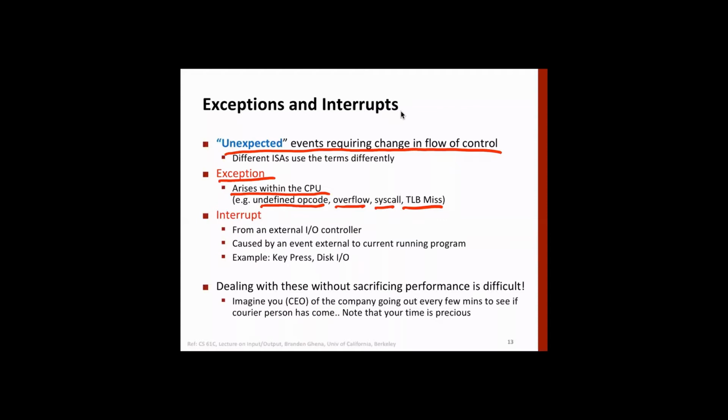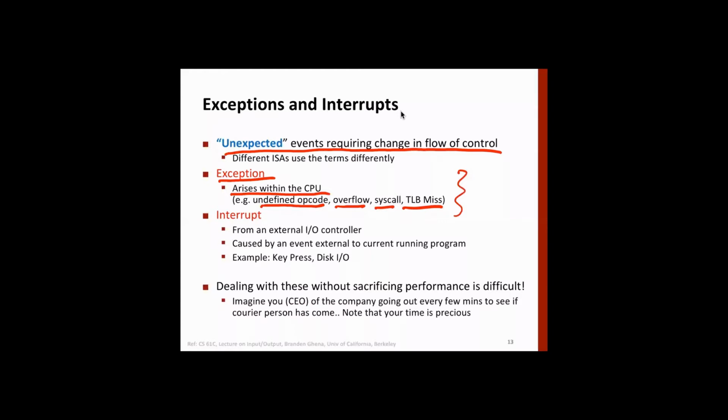Okay, similarly, there can be a segment fault or something which will raise an exception. Okay, this happens. In general, we use this term exception when the event is internal to the CPU. And interrupt is when it is from outside. A disk may request that, you know, I have data available, please take my data or do something around it, right?